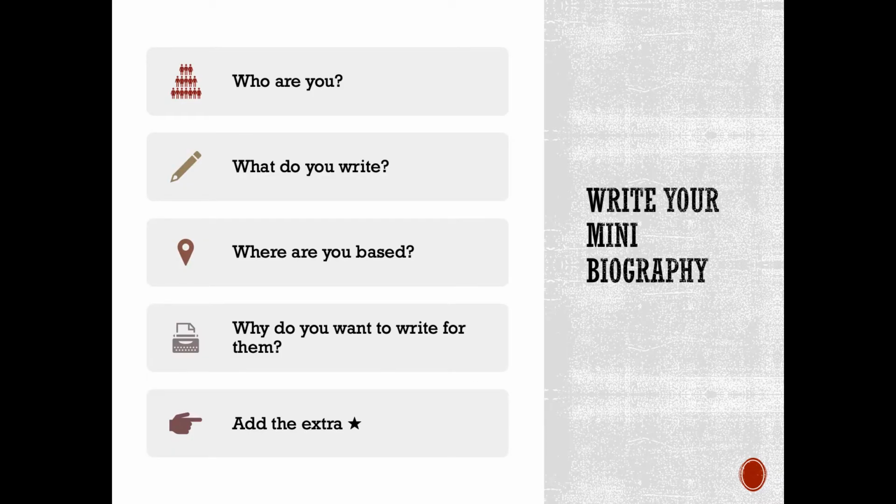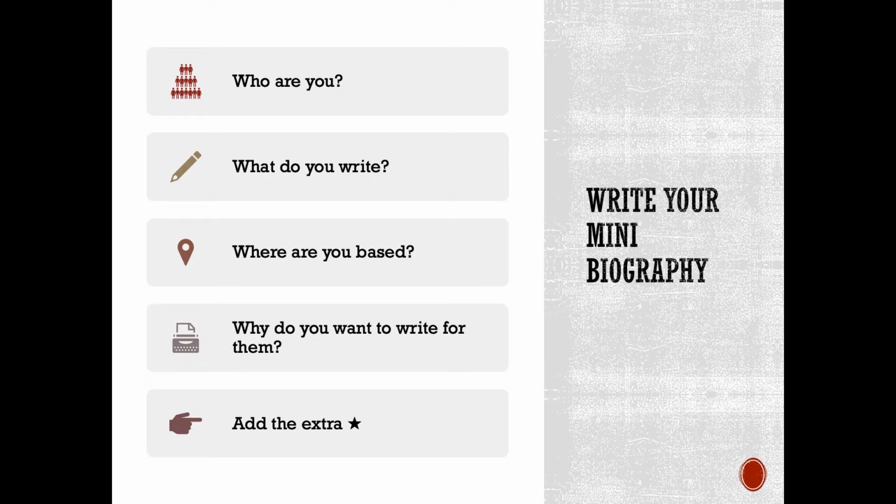So when you've done all of that and you've got a rough draft of a pitch, you then need to write a mini biography. The base of it will actually be the same for every pitch, but you'll tailor it for specific magazines. So you'll tell people who you are, and don't be afraid of saying that you're an undergrad at the University of Kent. Definitely write down what you normally write.